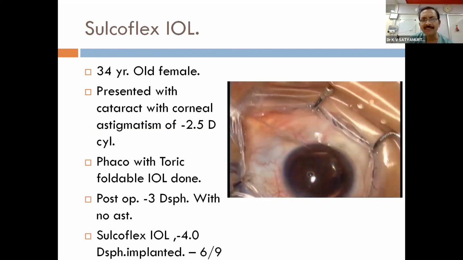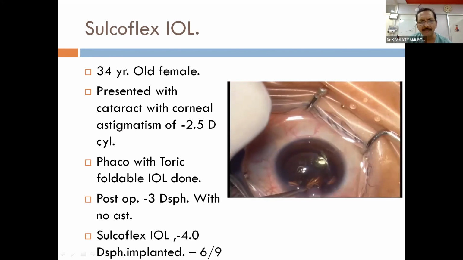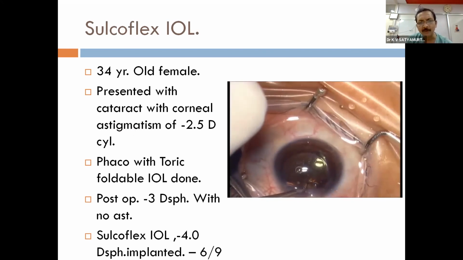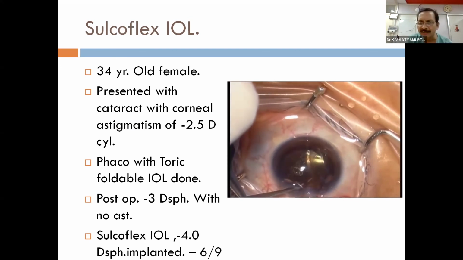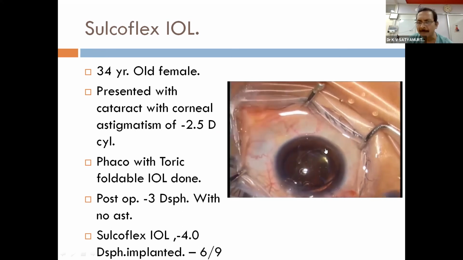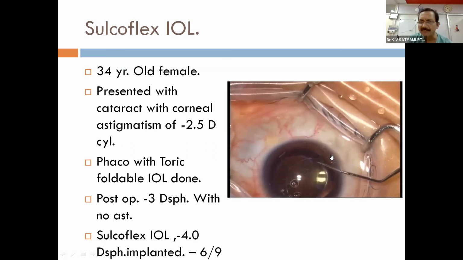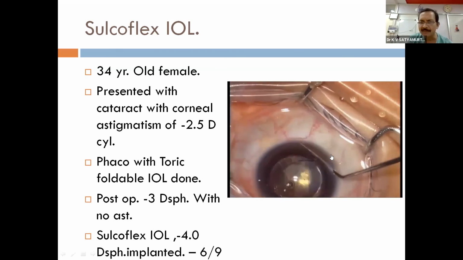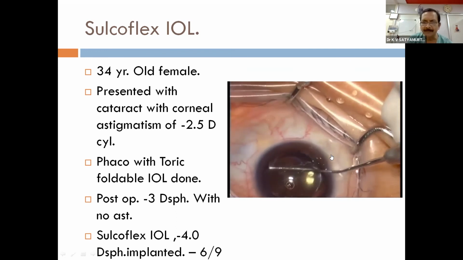So here is a case where a 34-year-old female presented with cataract, and finally the toricity was corrected, but the patient had -3 diopters of spherical error. So now you can see the lens which is going in. The original previous lens is within the bag. So all we have to do is just tuck the haptics and make sure that the haptics go into the sulcus.